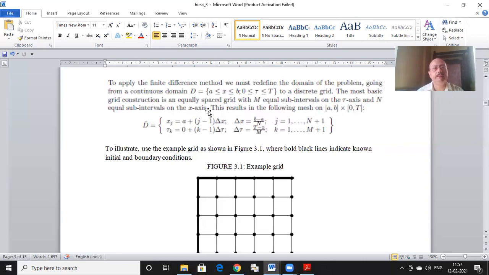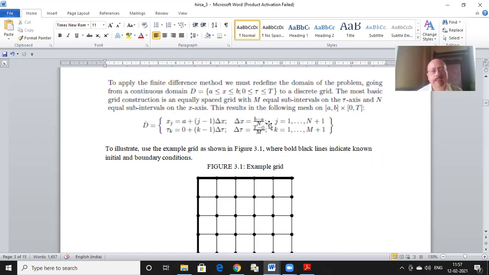So what happens is I construct equally spaced grids where on the x axis, the steps are size delta x. How do I get delta x? I split this interval A to B into capital N many pieces.